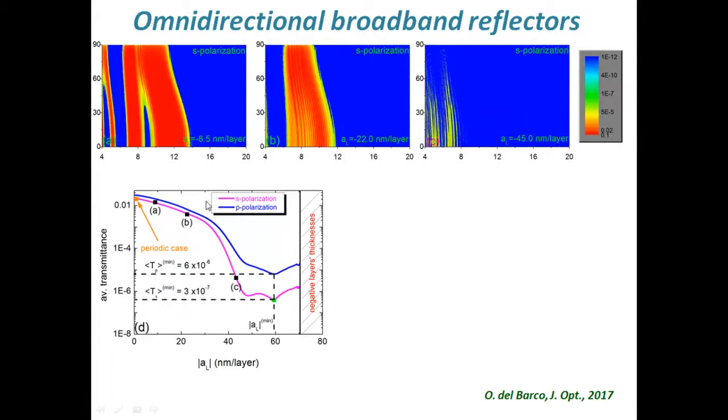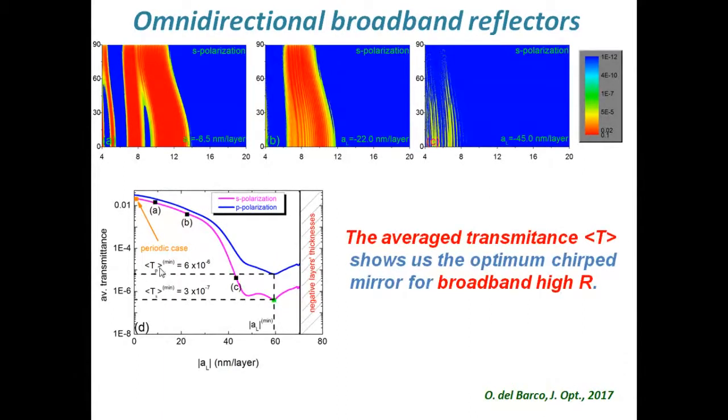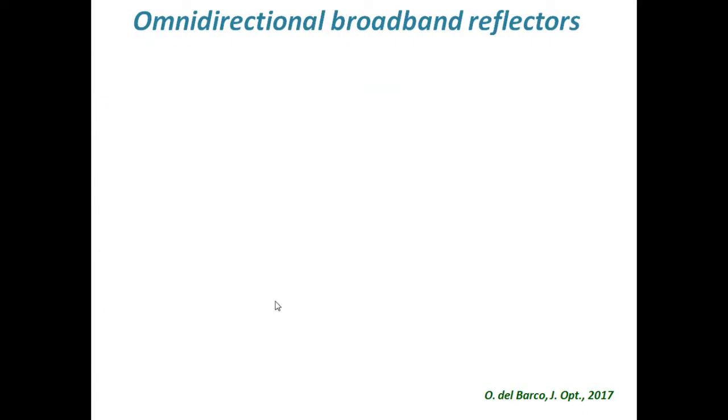It depends also on both polarizations, S and P, until we get a minimum. This is what we want. We numerically calculate this minimum. Just recall, a minimum transmittance means a maximum reflectance. So that's what we numerically do: obtain the minimum of this average transmittance to obtain higher values of the reflectance.